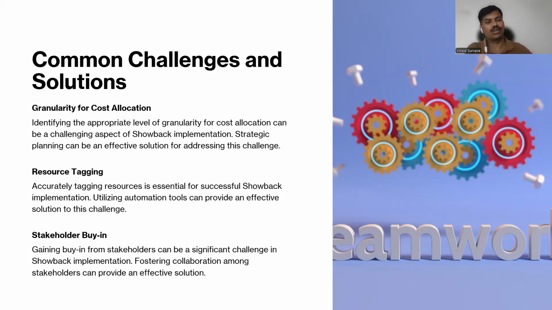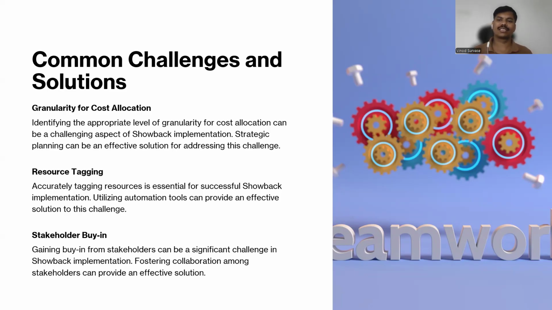The next is stakeholder buy-in. Gaining buy-in from stakeholders can be significantly challenging at one point when there is a specific budget allocated, and fostering collaboration across the organizations can effectively provide a solution. For example, the finance department is going to allocate a budget, and engineering and other departments are expecting some additional budget or more resources that they need to implement on different projects, right?